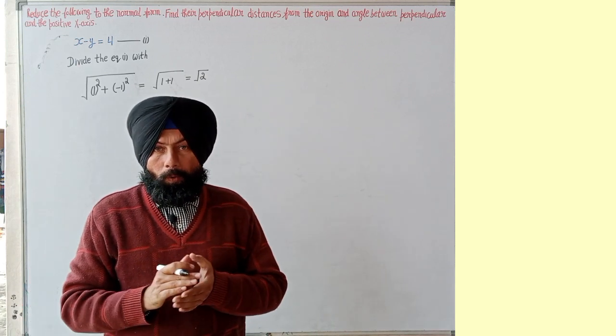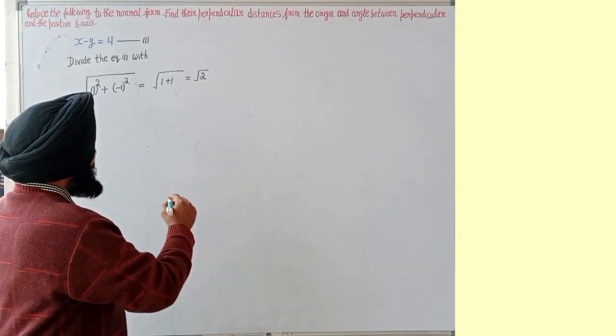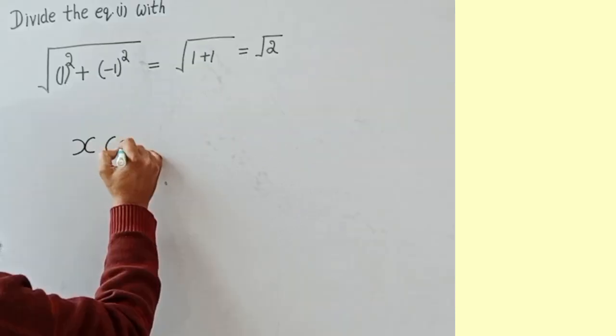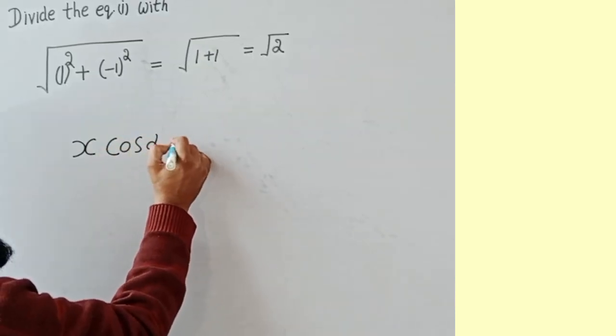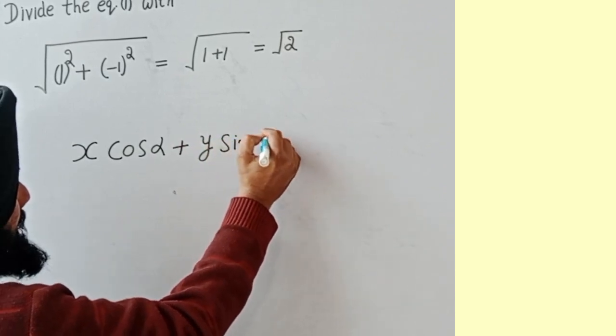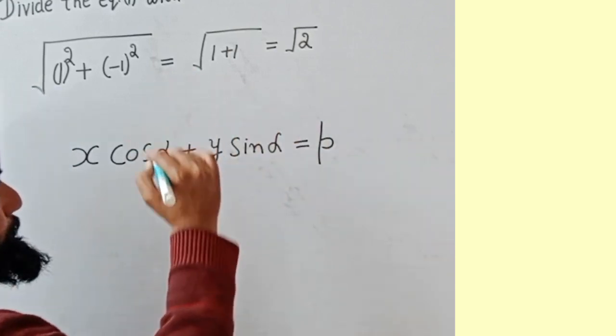Now I have already explained the perpendicular form of a straight line, that is x cos alpha plus y sin alpha equal to p.